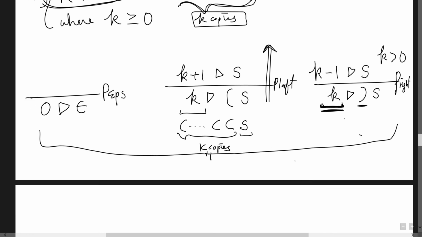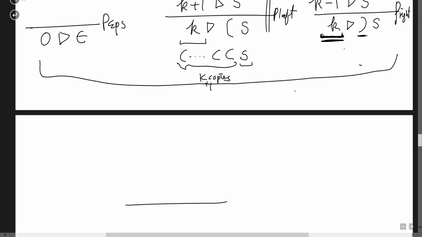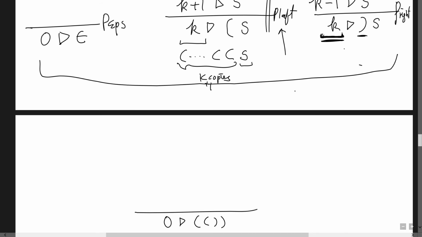Now here's an example. Let's show that this string is matched. In order to show that this string is matched, you start with 0 triangle the string. First we apply this P left rule because it starts with a left parenthesis. So this is going to be 1 triangle the remaining string.